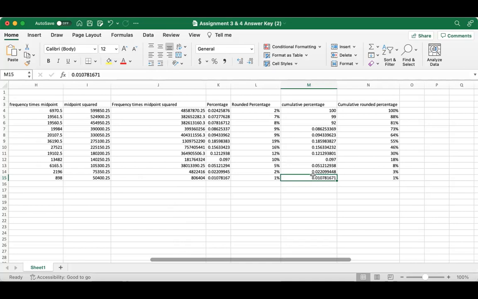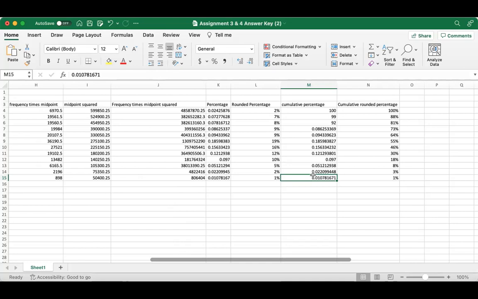So we can take the variance, VAR.P, and we can take the range. VAR.P is your formula, enter. That's our variance population. And then if we want our variance sample, the VAR.S, and do our range, that would be our variance sample.